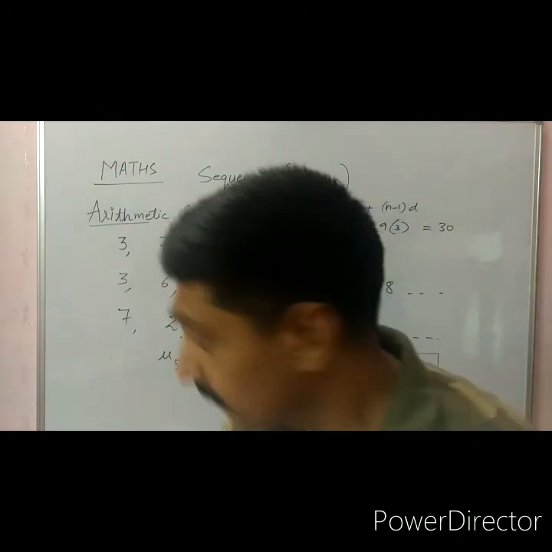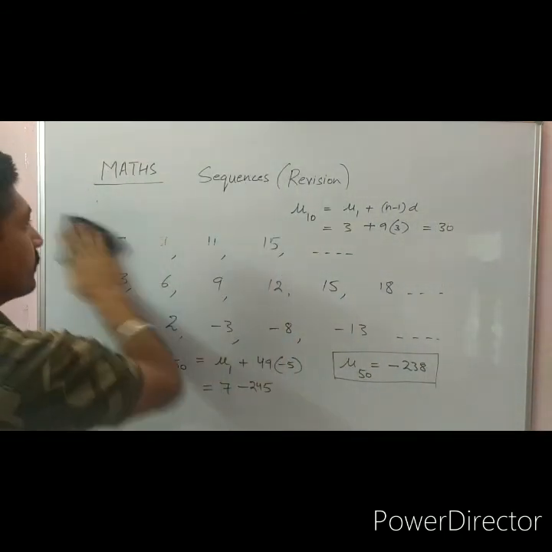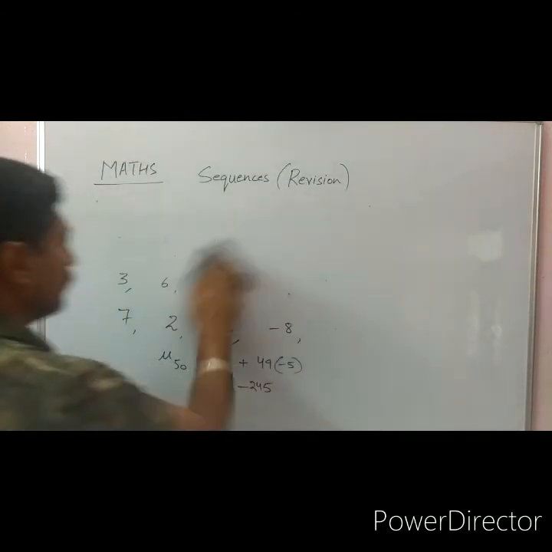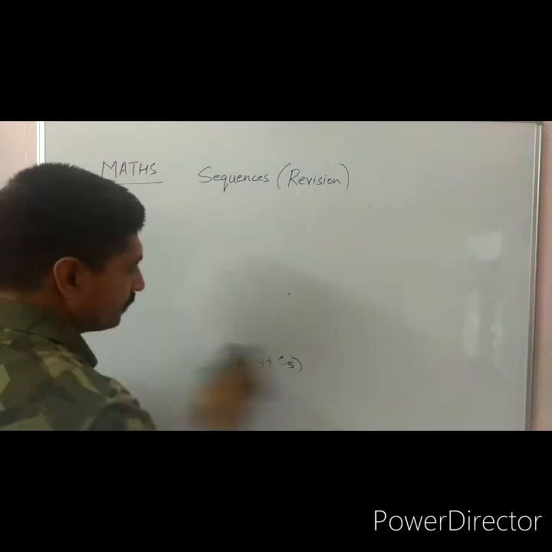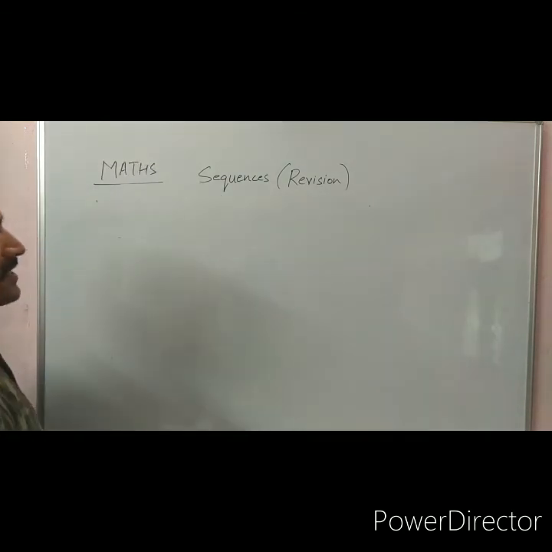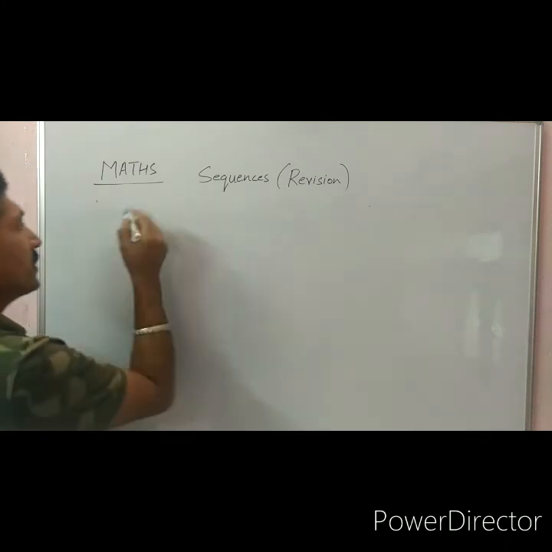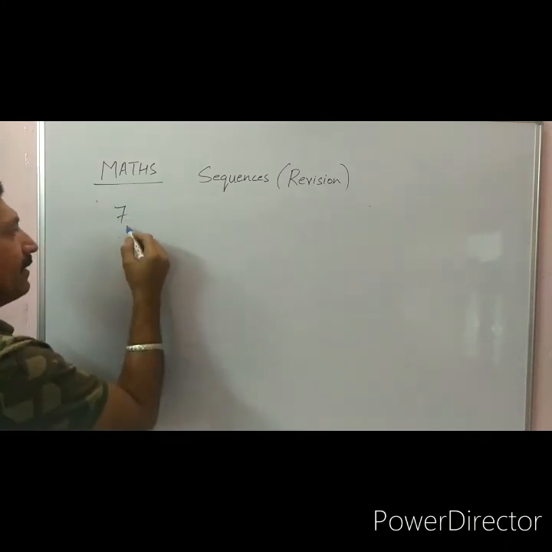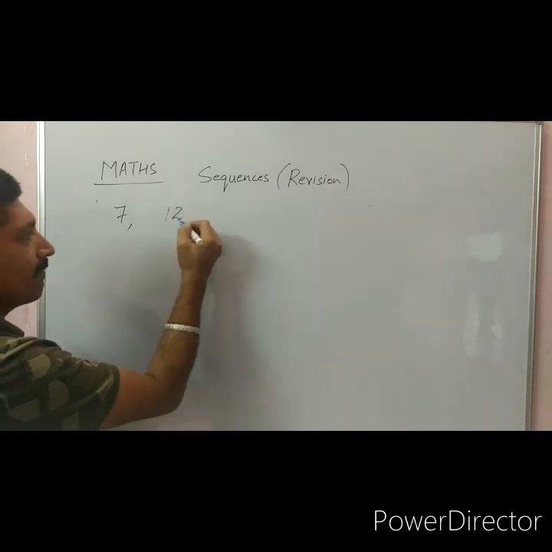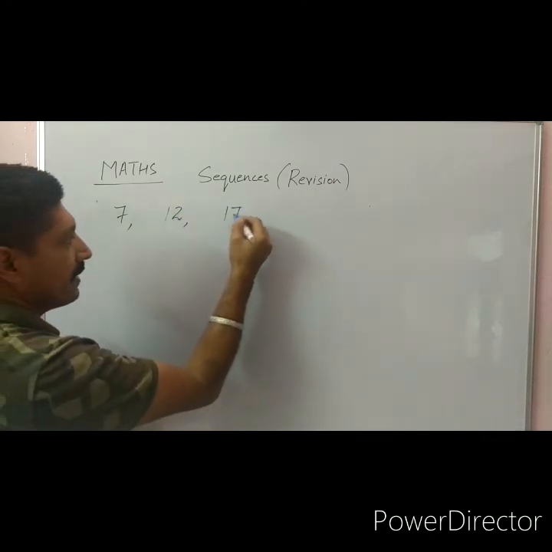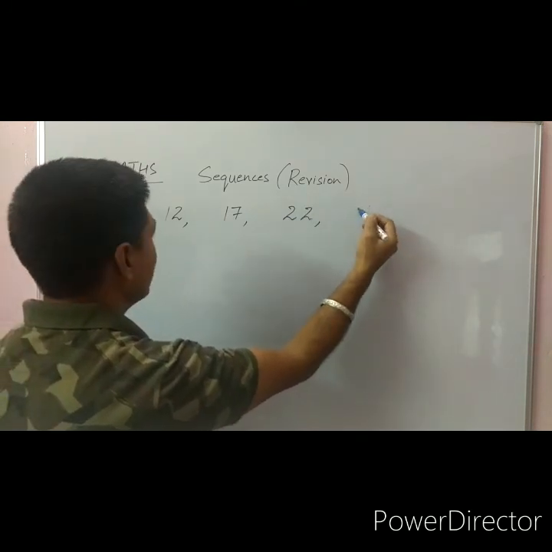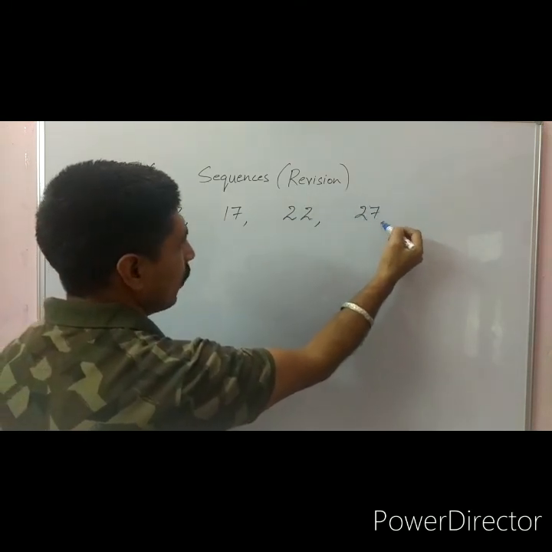In the sequence we will go for the particular rule. Let's take one more sequence, let the first term be 7 and the common difference be 5, so it is 12, 17, 22, 27, and so on.